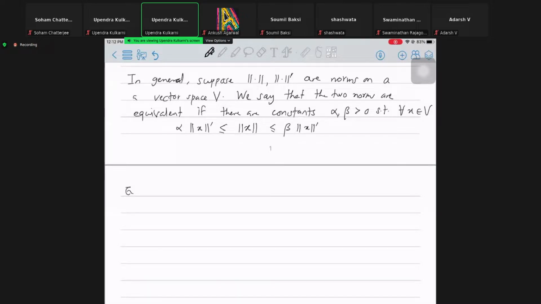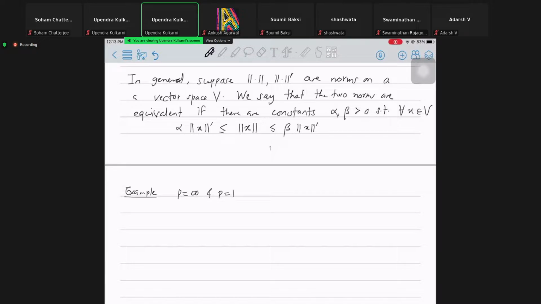So, example. Let's say I take p equal to infinity and p equal to 1. Are these two norms equivalent according to the definition given?